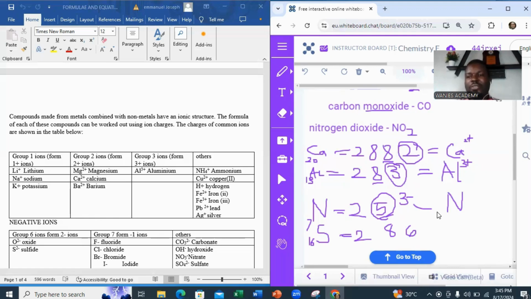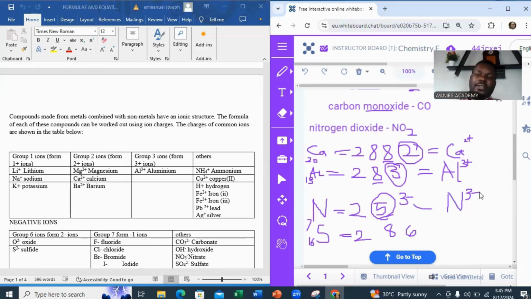So that is why non-metals always have a negative charge. So nitrogen, we need 3. So this rule applies to all the elements in group 5. That's the implication. So that means the elements in the main group 5 will have a charge of 3 minus.